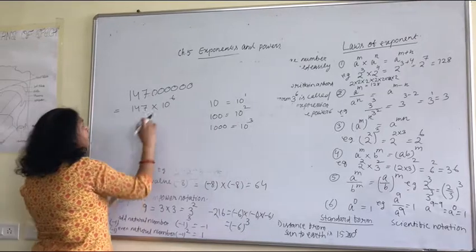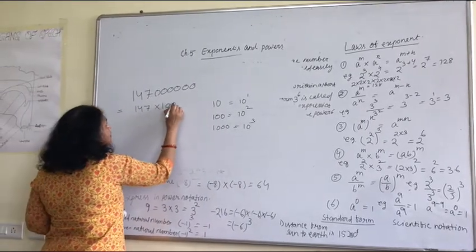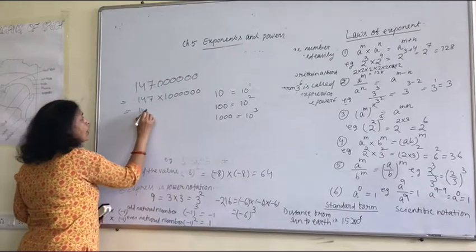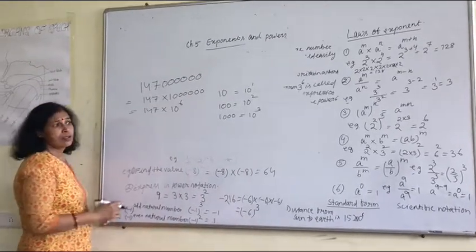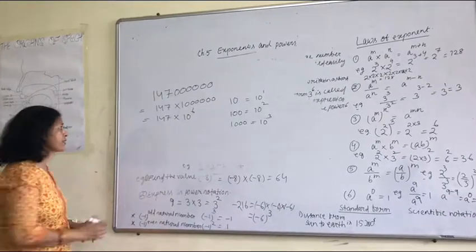So you can write 147 into 10 to the power 6.